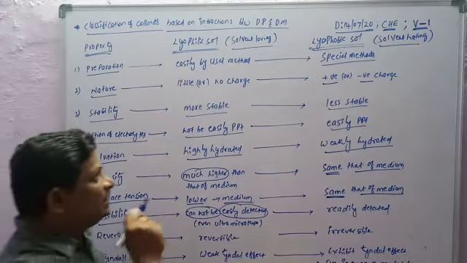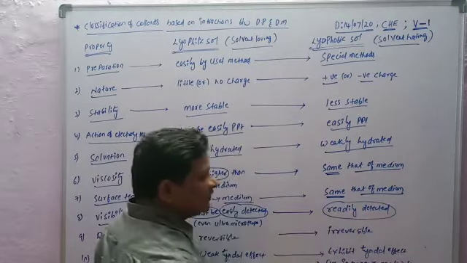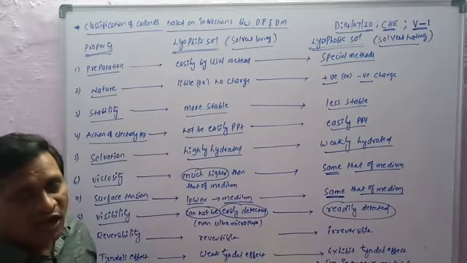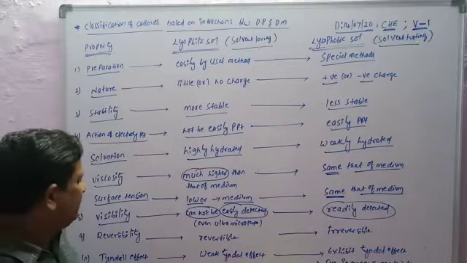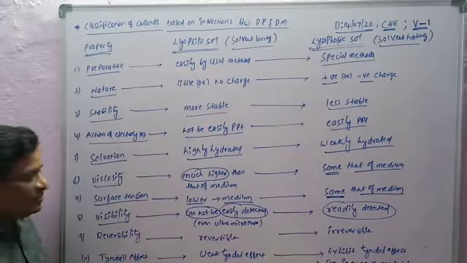But lyophobic sols are readily detected with the help of an ultra microscope. This is the difference between lyophilic and lyophobic sols with respect to visibility.